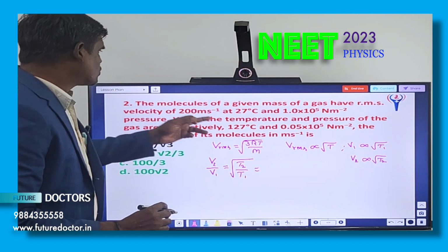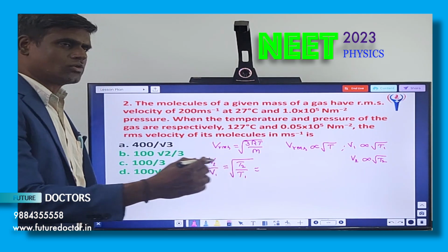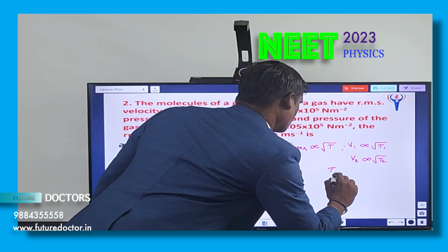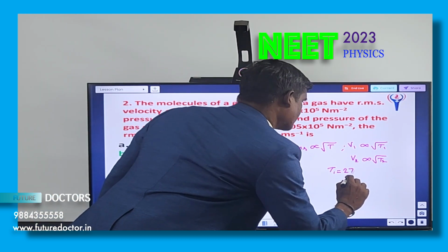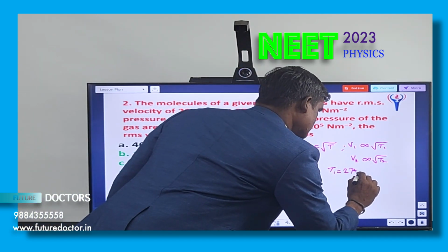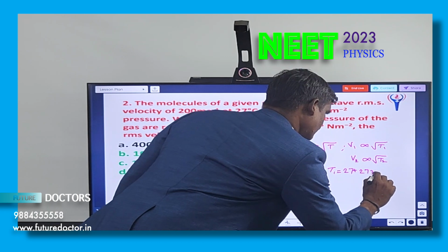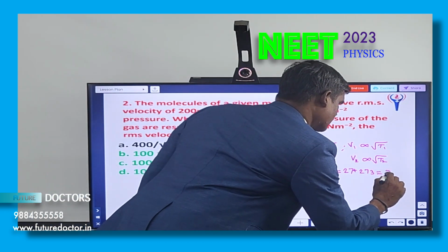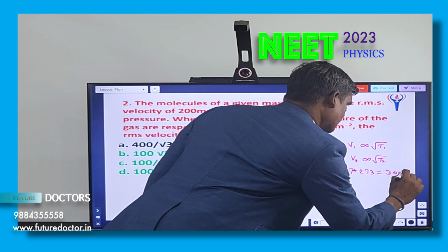And T2 is 127 degrees Celsius, convert to Kelvin. T1 equal to 27 degrees Celsius, convert to Kelvin, plus 273, equal to 273 plus 27, 300 Kelvin.